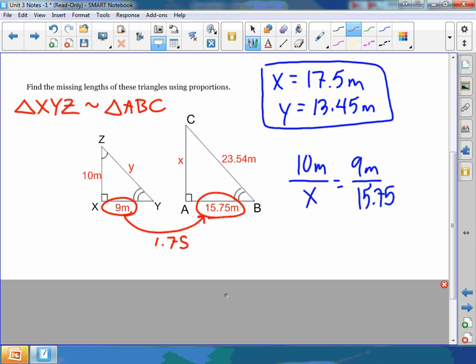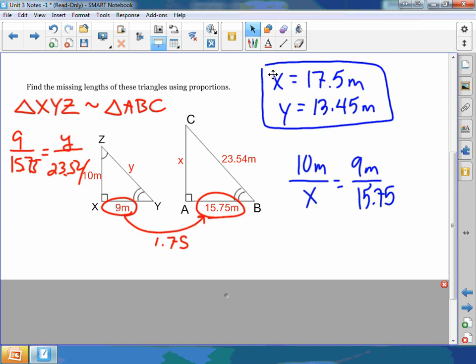Okay. I like all of them, all right? All of those ways work for me. If we were going to do a proportion for y, I would always keep the same original, 9 to 15.75, but then it's y to 23.54, and then just solve that out, and you're going to get about 13 and a half almost. Okay, great.